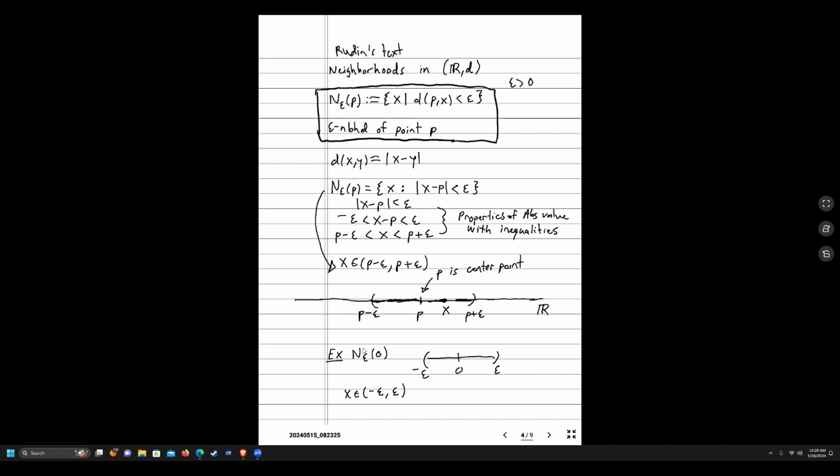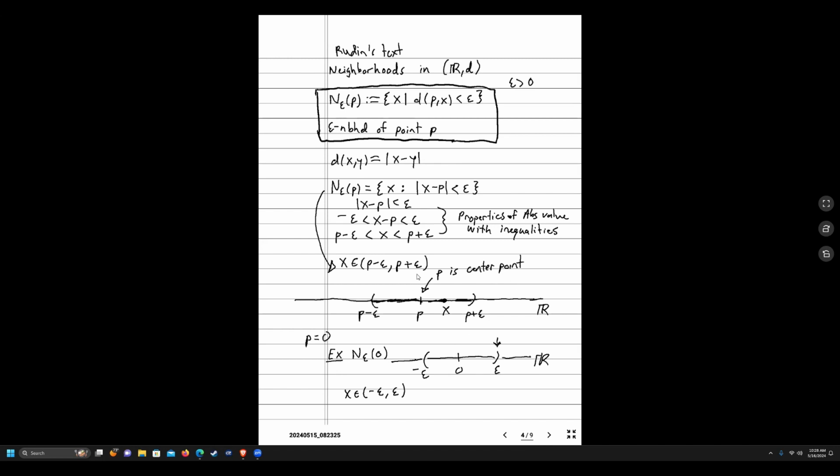All right, so here's an example where I put an epsilon neighborhood around the point 0. So I just drew some open interval. Again, this is on the real number line. And so we have epsilon being the right endpoint, because we consider P, our center point, to be 0.